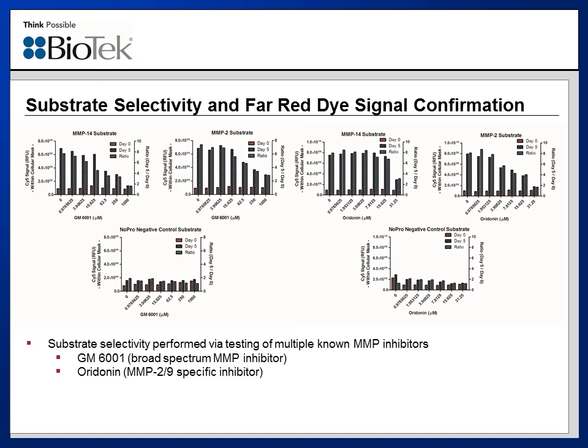Two different types of inhibitors were tested. Again, GM6001, the broad range MMP inhibitor, and oridonin, which is a selective inhibitor for MMP2 and MMP9.